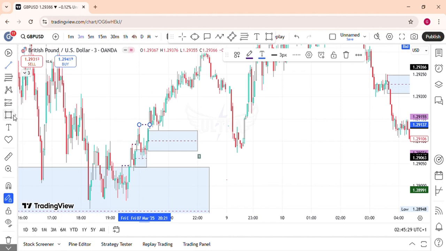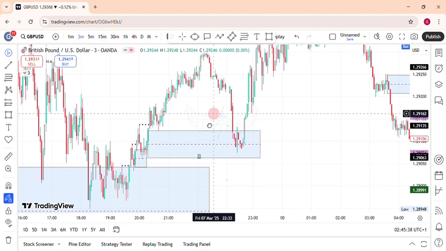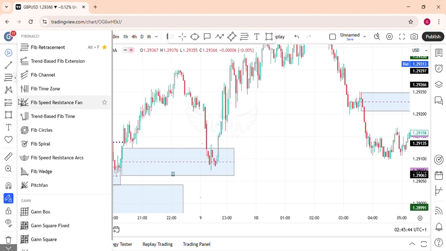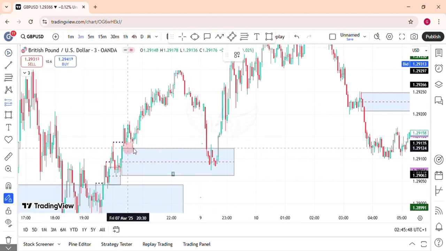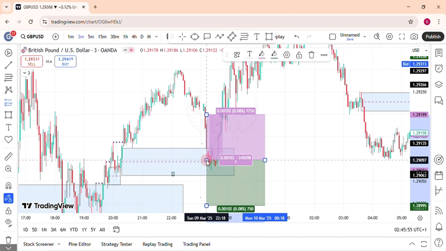So price comes down to tap into that fair value gap. So where we put our entry is just at the start of this fair value gap here. So you can put our entry here, or you put your entry here for a higher risk to reward ratio.